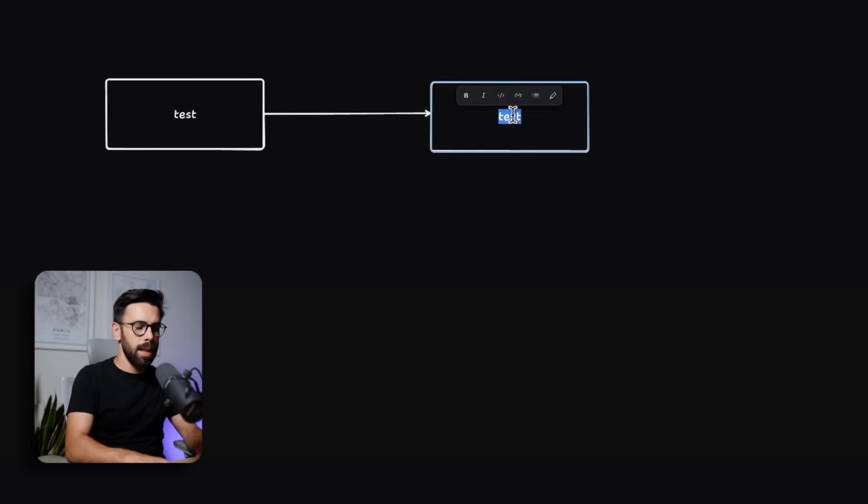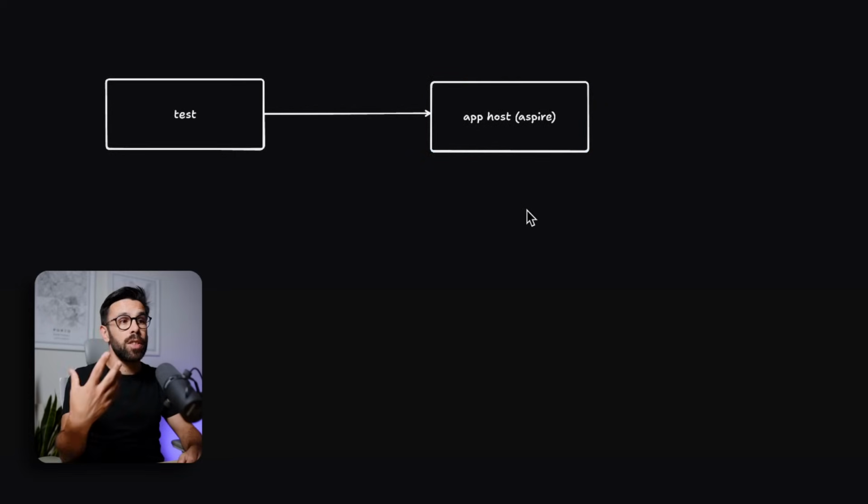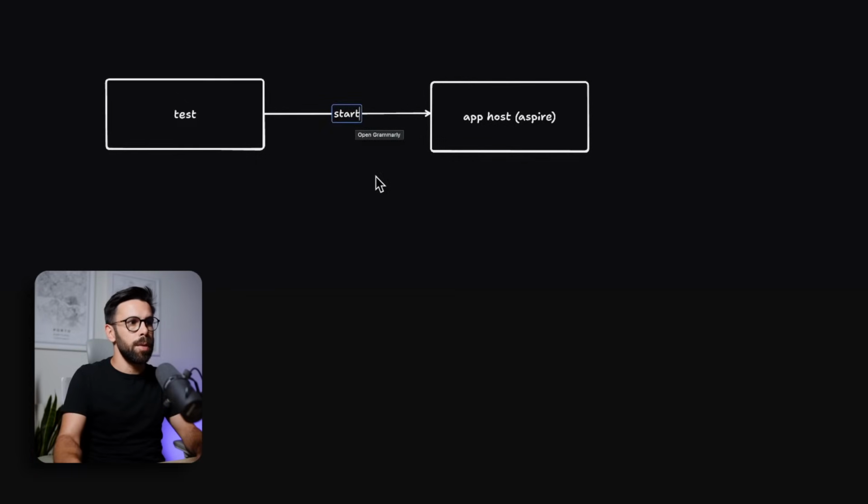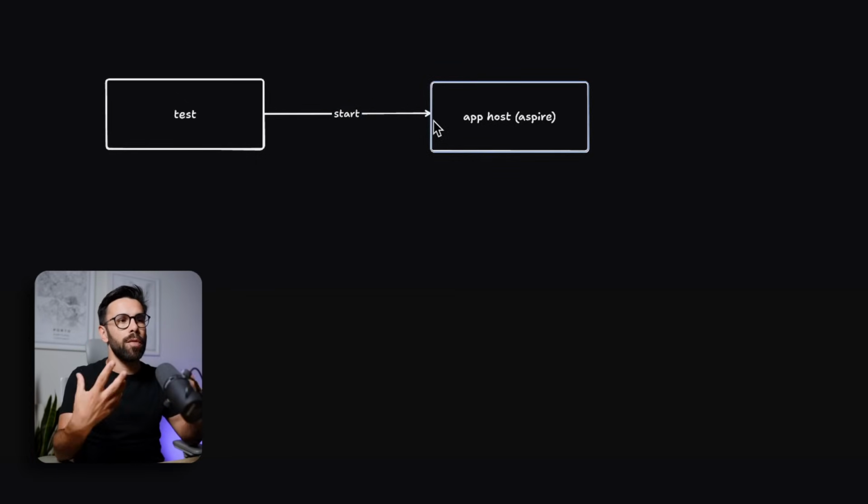Imagine the following. This is our test project, our Aspire test project. What will happen is that this test project will basically start the app host from Aspire. When you create your .NET Aspire application, you will have the app host. This is the one that it will start. This arrow represents the starting of that host.